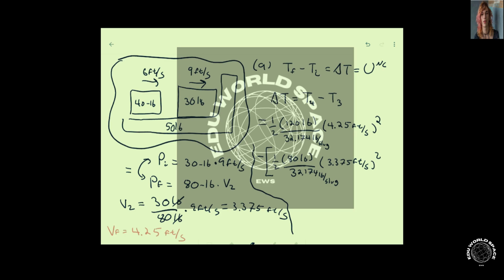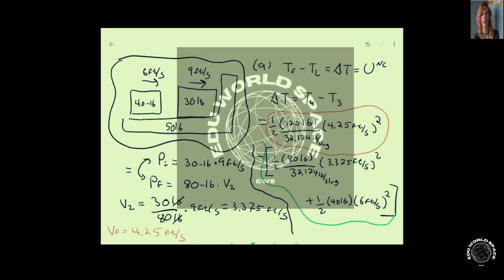So we also have that plus, right, we have our new instance of the 40-pound suitcase being thrown at 6 feet per second. Oops, let me write that better. 6 feet per second, all squared. Right. So after everything has been thrown on the baggage carrier, it's traveling at 4.25 feet per second, so it possesses this much kinetic energy.